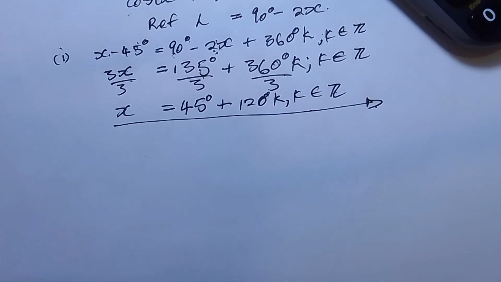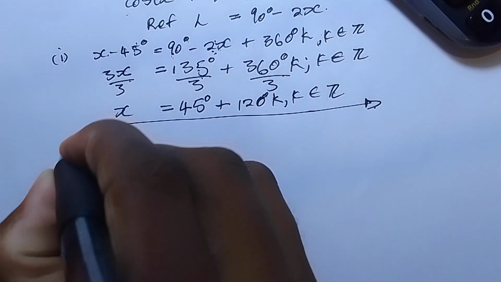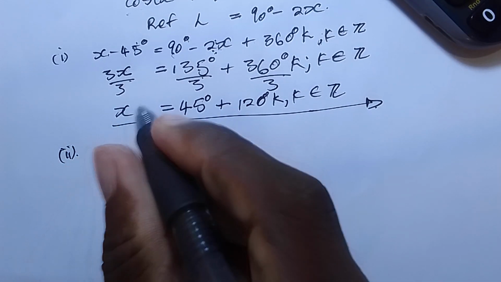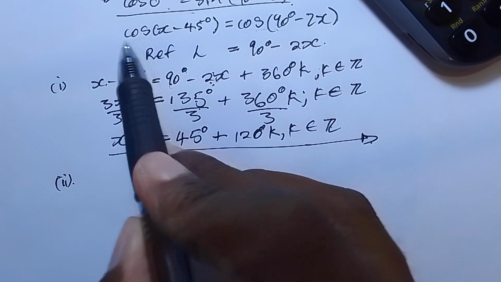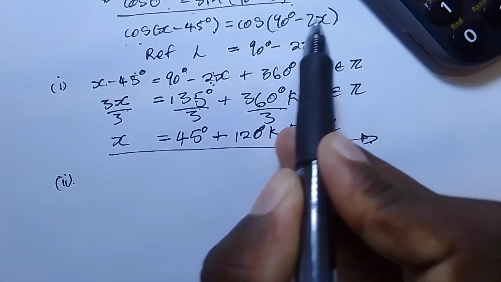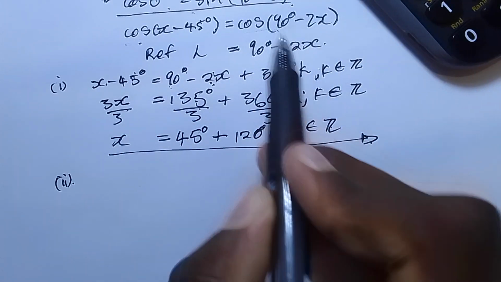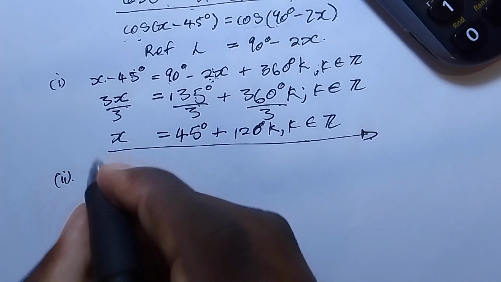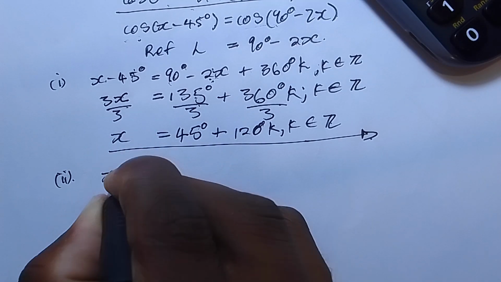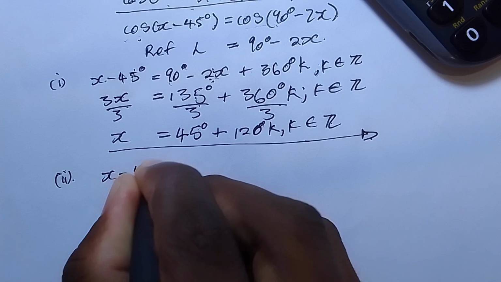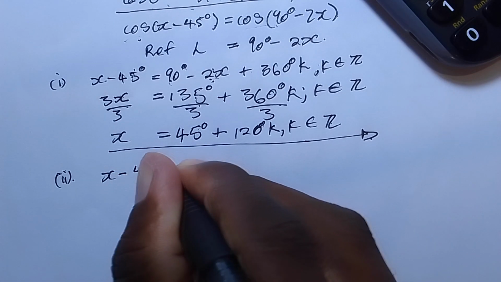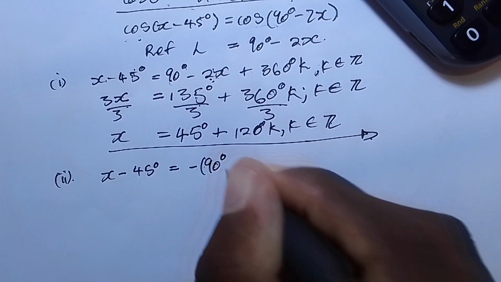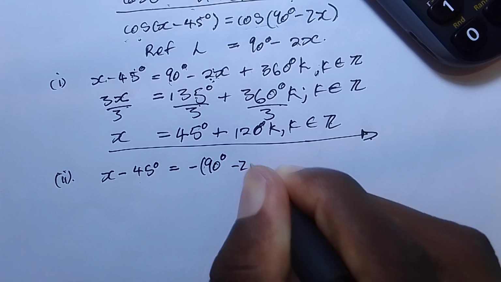Right, so this is your first general solution. You have a second general solution. Since this is cos, your second one will just be the negative of this angle. So you have x - 45° is equal to negative (90° - 2x).